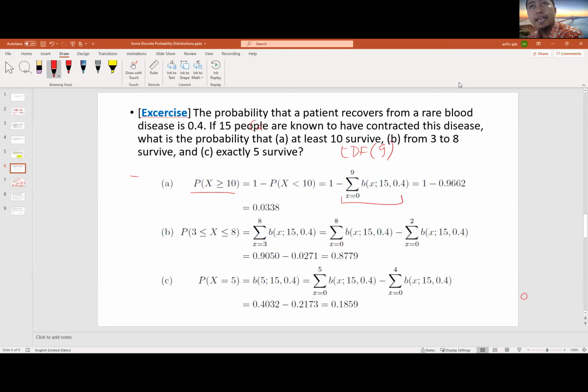So, and there is a calculator. Ada kalkulator yang langsung bisa menghitung CDF-nya. Let me show you the calculator.